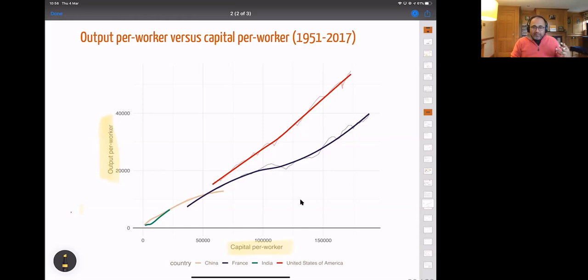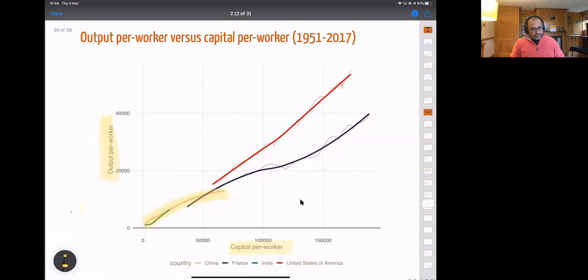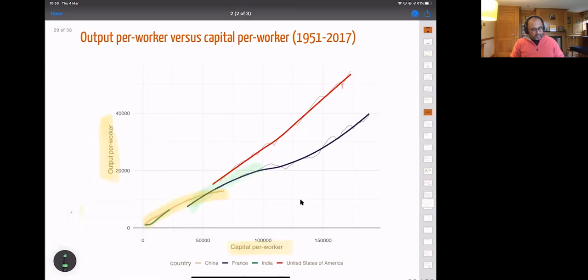But if I were to map capital per worker against output per worker, China's production function looks like this. India looks very similar here. Look at how France looks. France shows a tendency of diminishing returns to capital in its early phases, but something happens in its later phases.